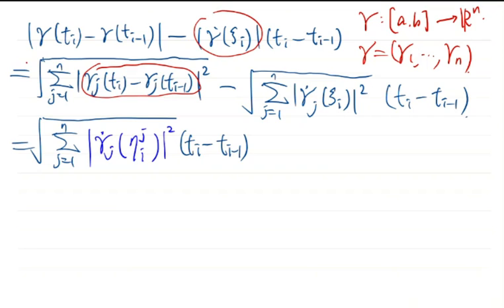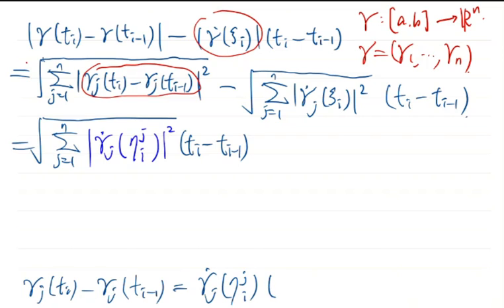we will have a ti minus 1. I write it here. Gamma j ti minus gamma j ti minus 1 will be gamma j prime eta ji times ti minus ti minus 1.